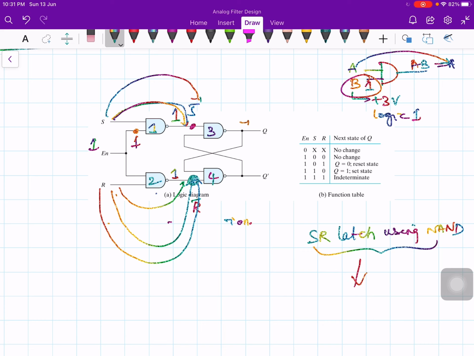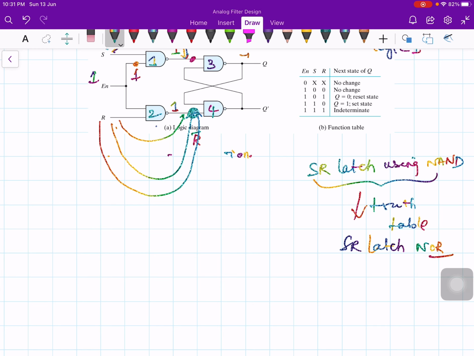The truth table is similar to whom? SR latch with a NOR gate. Okay, so that's what is happening now. So by employing 2 more additional NAND gates and an extra enable input, now we are going to get the truth table of the SR latch, which is constructed by using NOR gate.